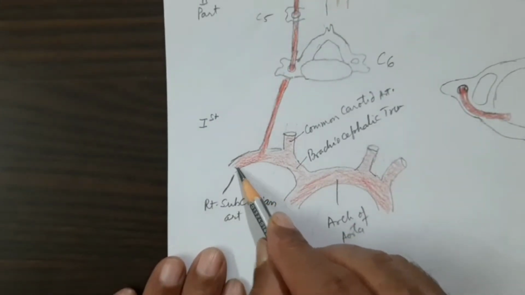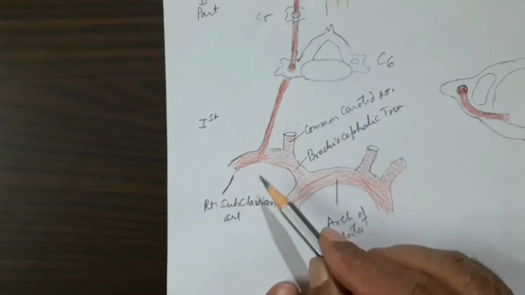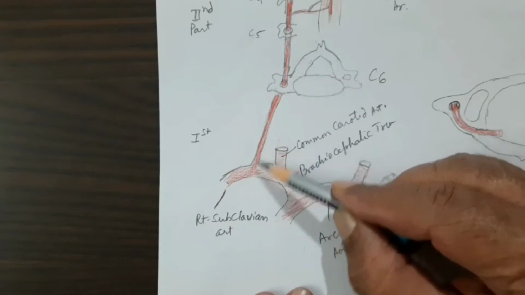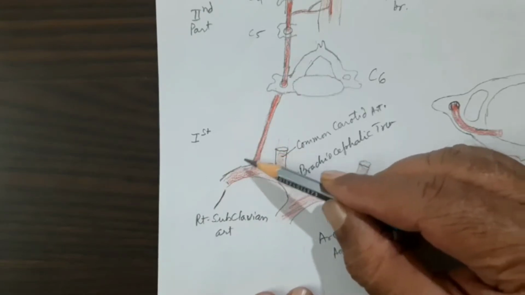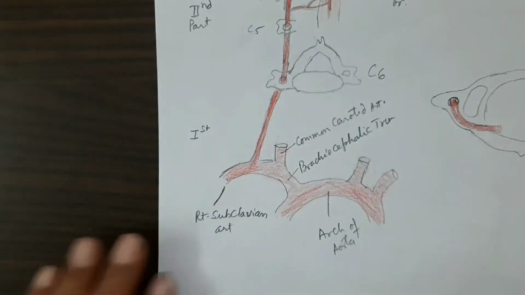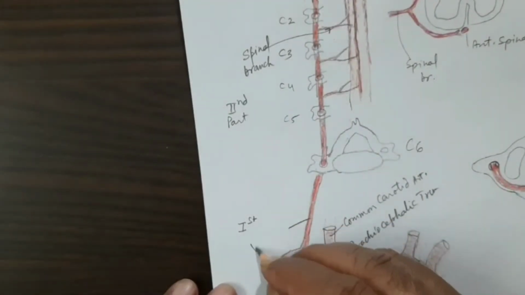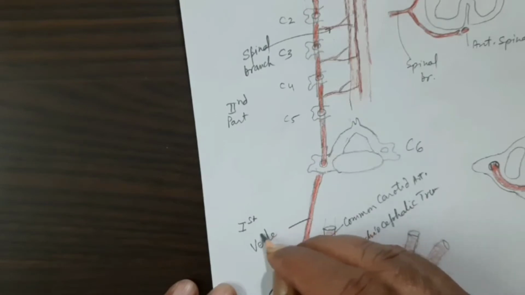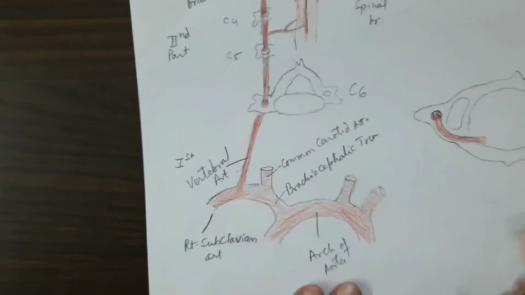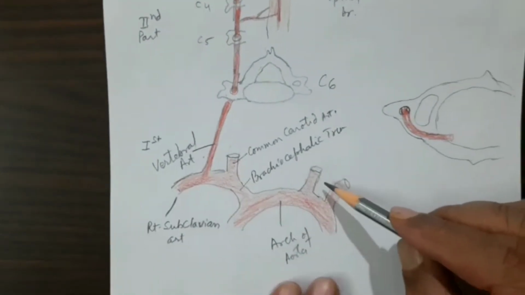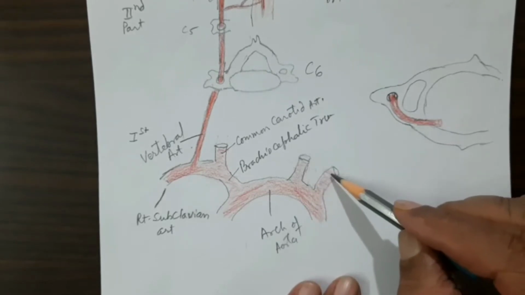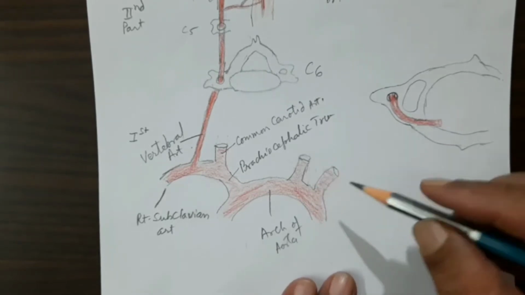So this is the right subclavian and the common carotid artery, and arising from the right subclavian artery, as its first branch, which goes upward and medially, is the vertebral artery. So this is that origin, the vertebral artery is here. I hope there is no problem. Here it is on the left side. This is the common carotid artery of the left side, and this is the subclavian artery of the left side.